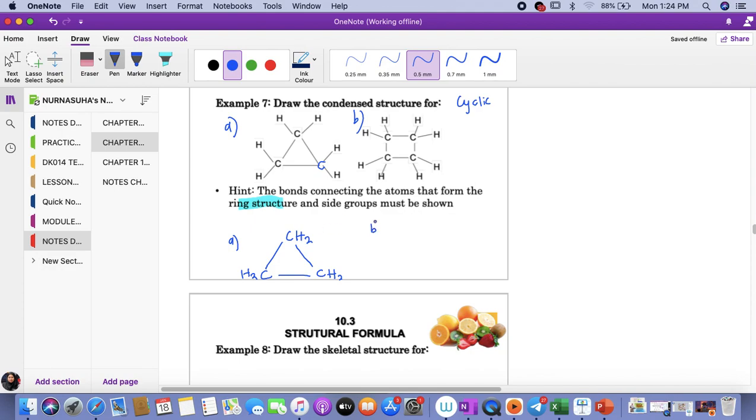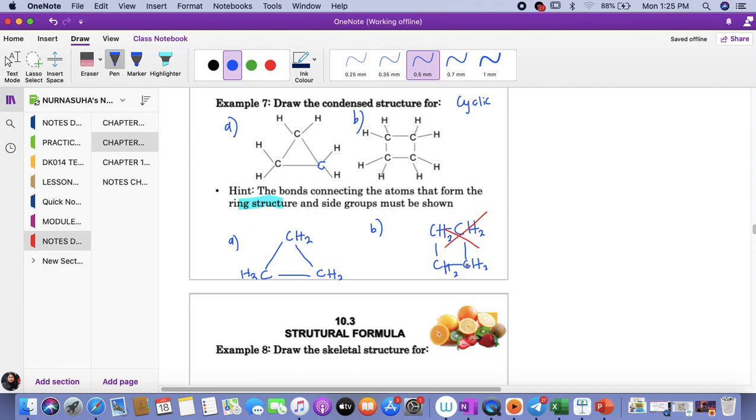Okay, same goes to cyclobutane tadi. Okay, ada orang tanya Miss, boleh tak letak hidrogen kat sini? Kan tadi Miss cakap lepas carbon, hidrogen. Okay, now Miss tak galakkan. Kenapa tak galakkan? Sebab if you draw like this, structure ni macam menunjukkan hidrogen pula yang buat bond dengan carbon.